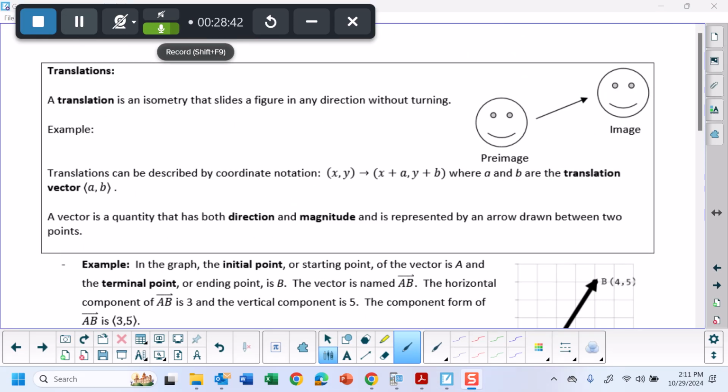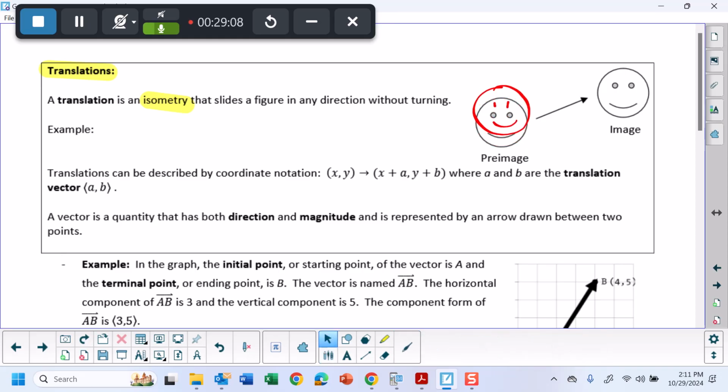So what we're going to do now is take each of these and break them down individually. So first we're going to talk about translations. A translation is an isometry that slides a figure in any direction without turning. So if you look here, I've got my happy face, and when I go to move my happy face, I can move it vertically.